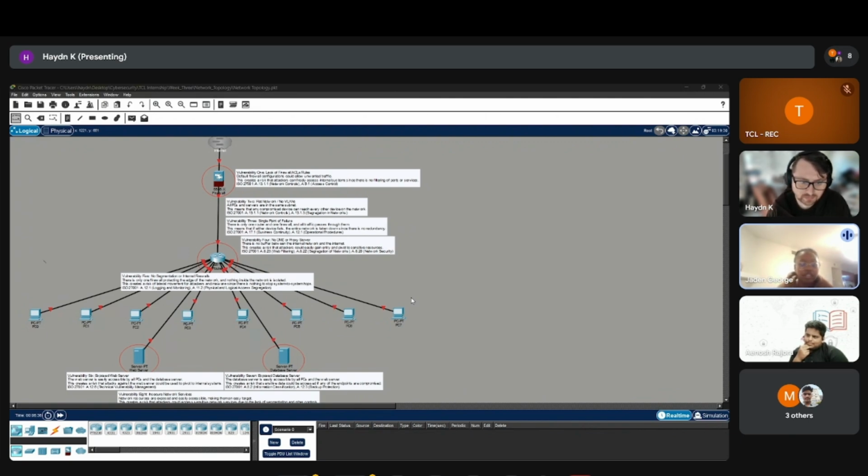Then it's probably best to split it, have the servers on separate routers and then split the internal devices evenly. And then since it's 3 firewalls, I think having them in front of the servers doesn't make sense. Okay.